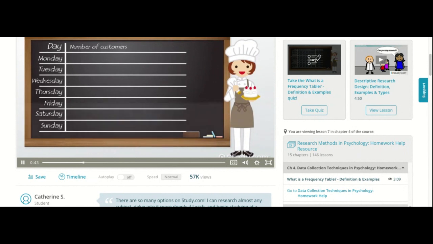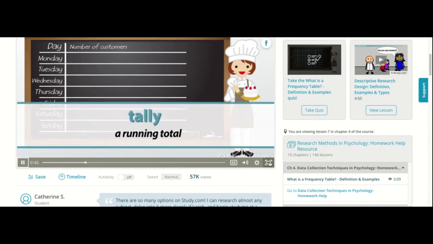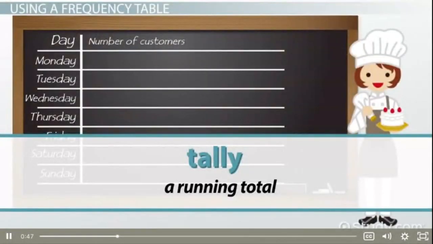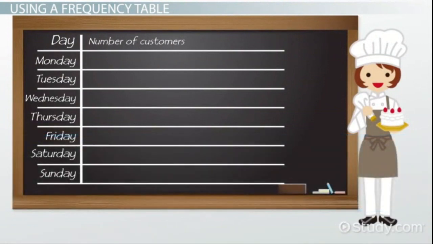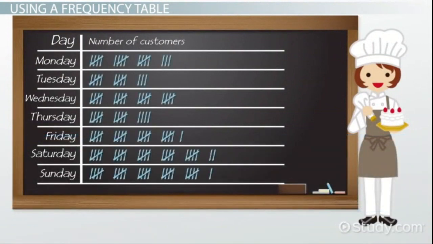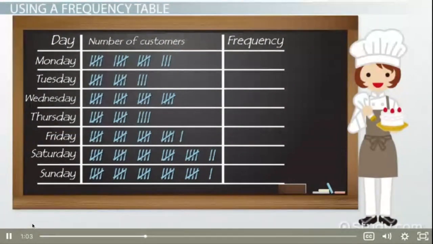Now she can keep a tally or a running total of how many customers come in each day and make purchases. After the week, her completed frequency table looks like this. Notice that she also added a frequency column that totals the number of tally marks at the end of each day. This helps her interpret her data quickly.